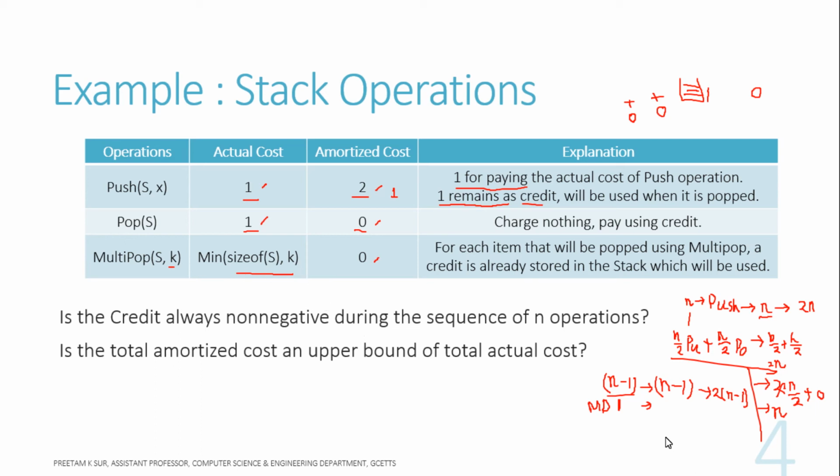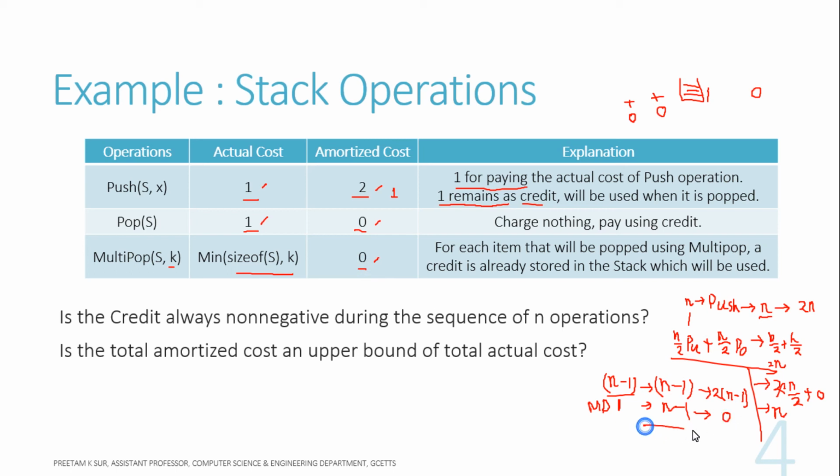To take out all the elements from the stack you have to give the value of k at least n minus 1. You can give any value of k greater than or equal to n minus 1. So the minimum of the size of the stack and k is going to be n minus 1, so the actual cost is n minus 1, and the amortized cost for this multi-pop operation is going to be 0.